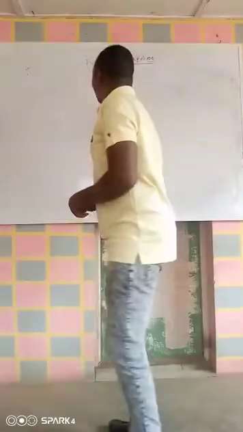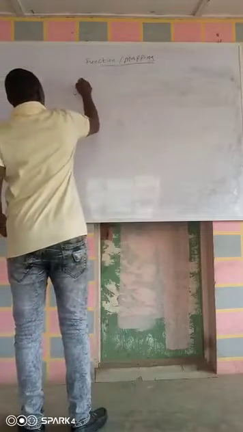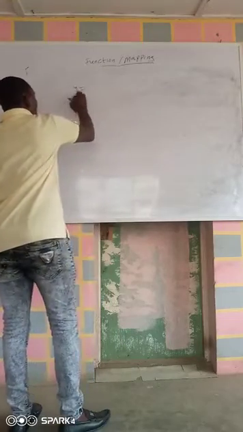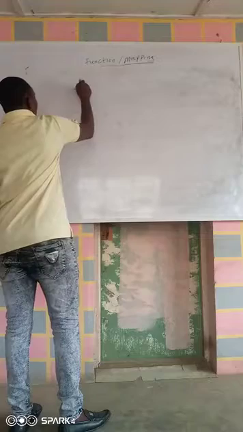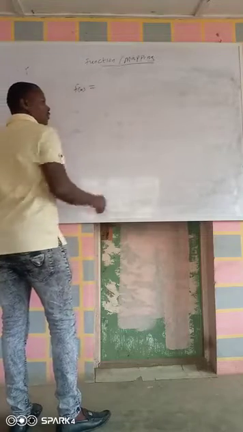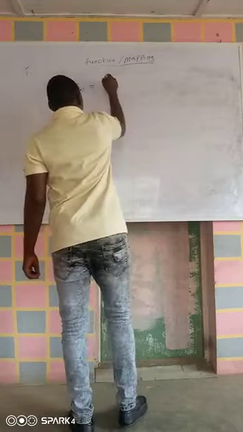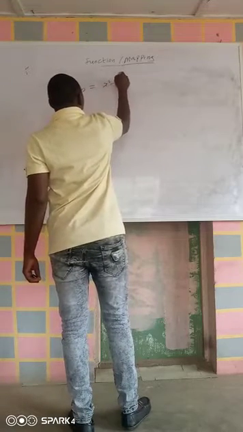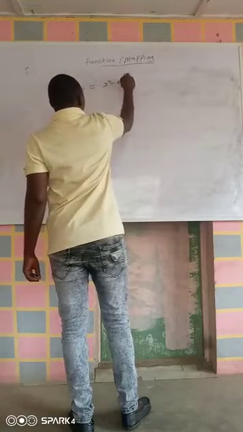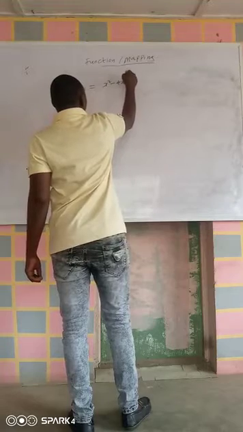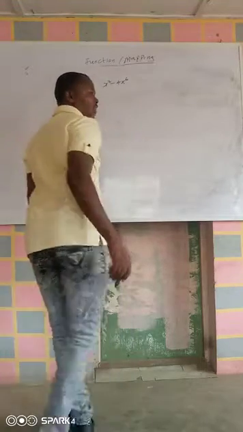Okay, so let's assume we have y equals, or let's just say f of x, f of x equals x squared minus 4x to the power 6.